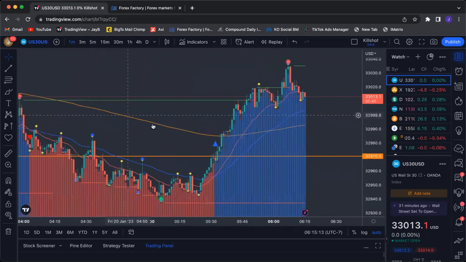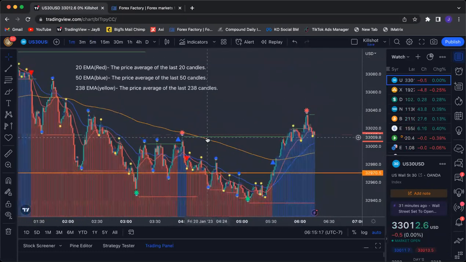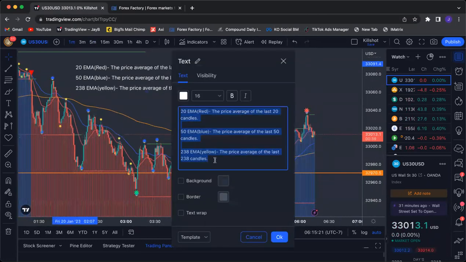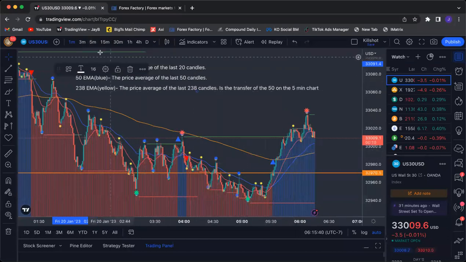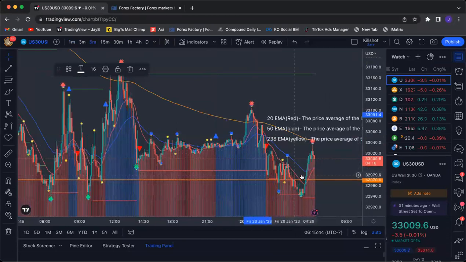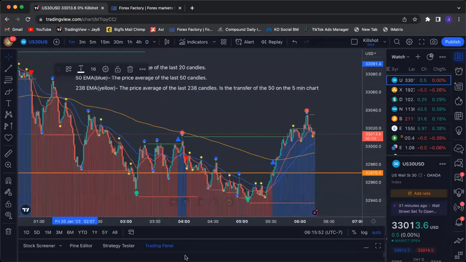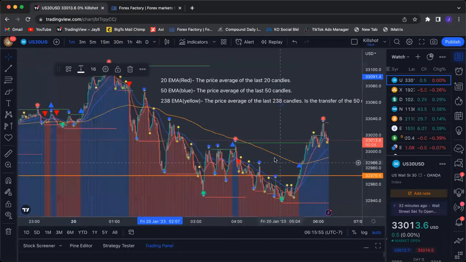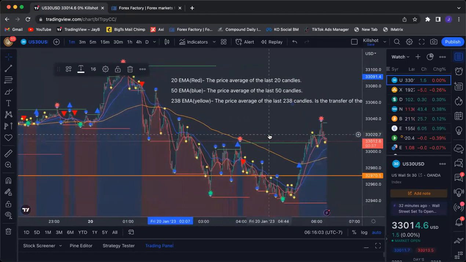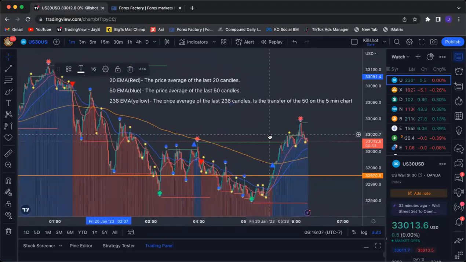Okay, so instead of us having to scroll over to the 5 and say, oh, okay, it's close to the 50 on the 5, we actually have that EMA on this chart. Essentially it's just a longer-term 50 that we're using as sort of our safety basket. And we'll talk a little bit more about that as we get on here. And so that's what the 238 is.